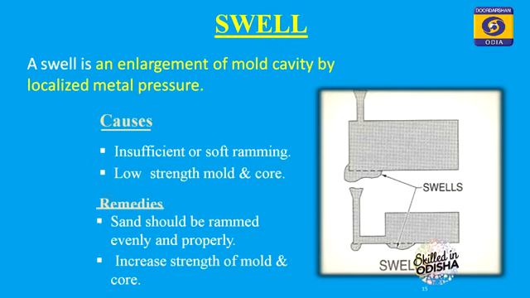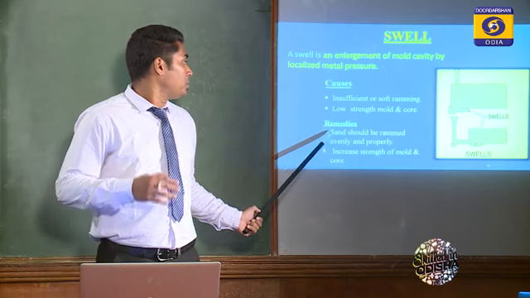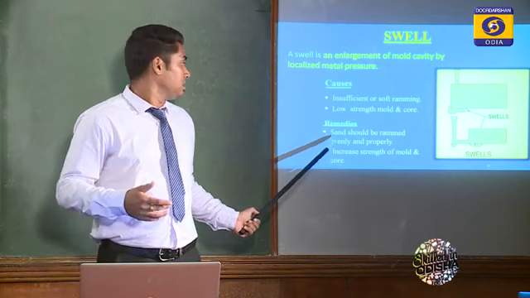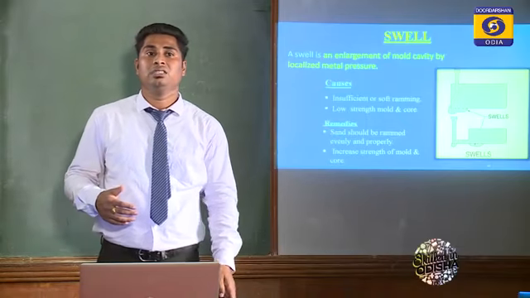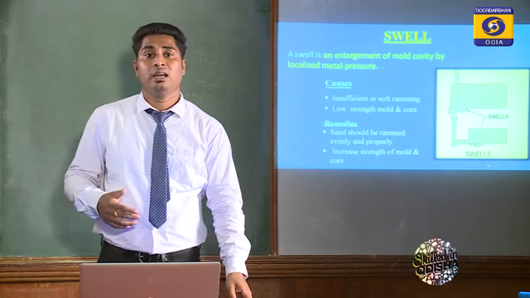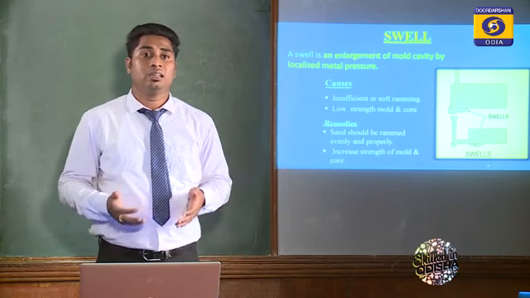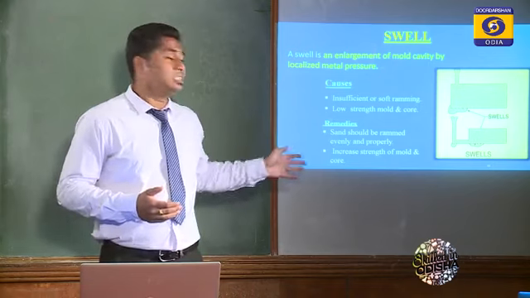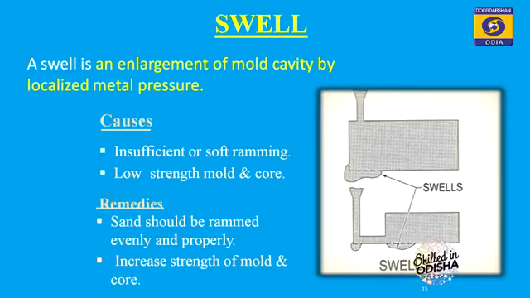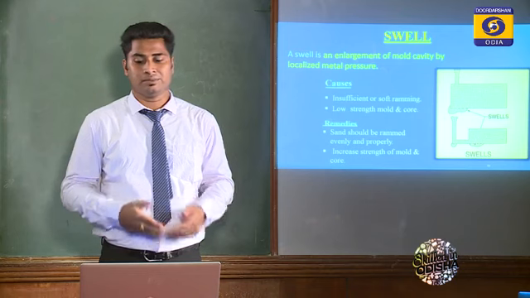Okay, to avoid swell defect, sand should be properly rammed, and by increasing the strength of mold and core. If we increase the strength of the mold and core, then we can avoid swell defect. So basically these are the remedies which we can use to avoid or prevent the swell casting defect.